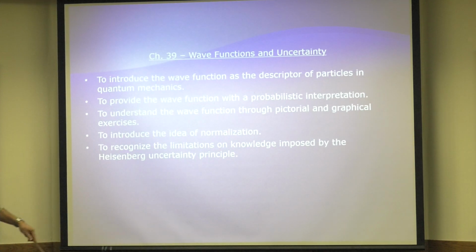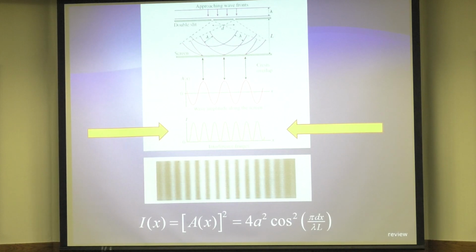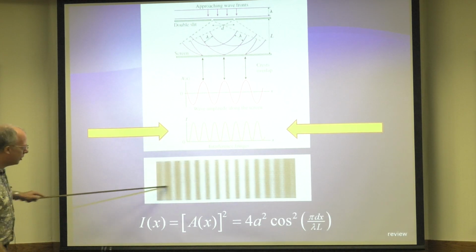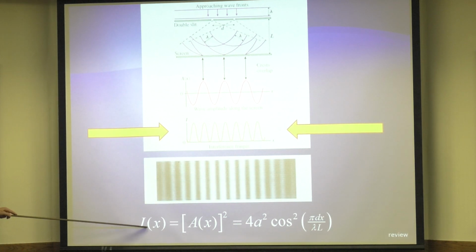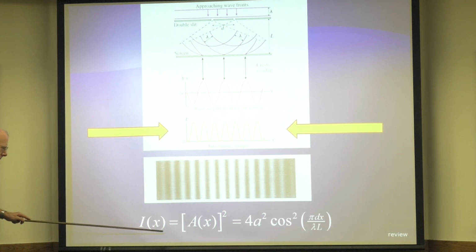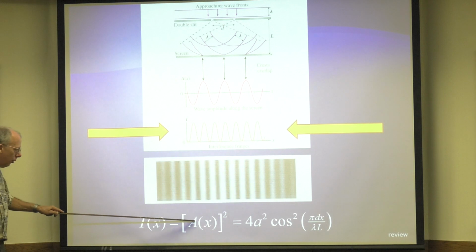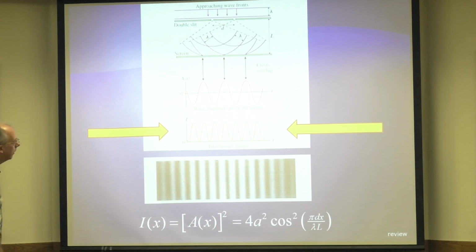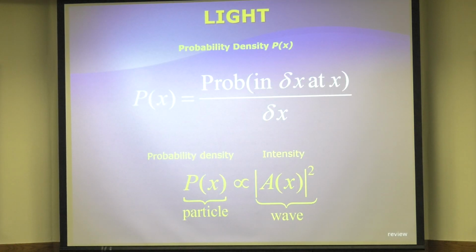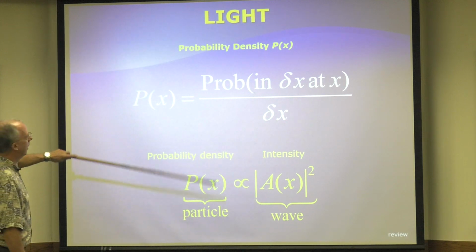Just fundamental. Okay, so when you do the double slit with light, you see intensity, right? This represents intensity. Intensity is supposed to be proportional to amplitude squared, you know? So we did this business, right?